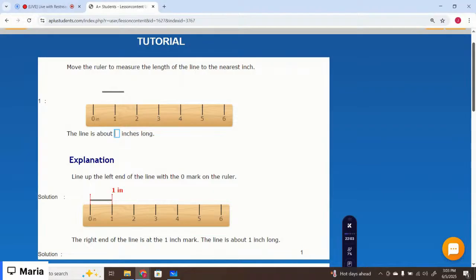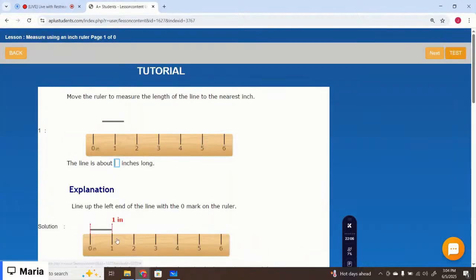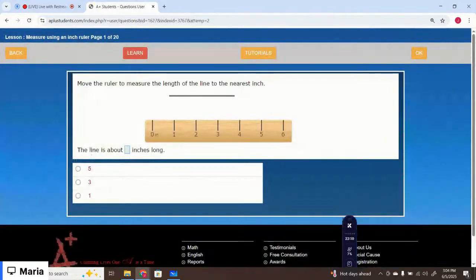Let's just start with the test questions. Move the ruler to measure the length of the line to the nearest inches.